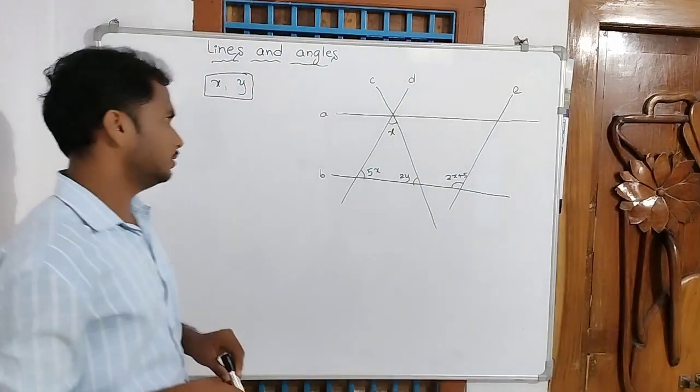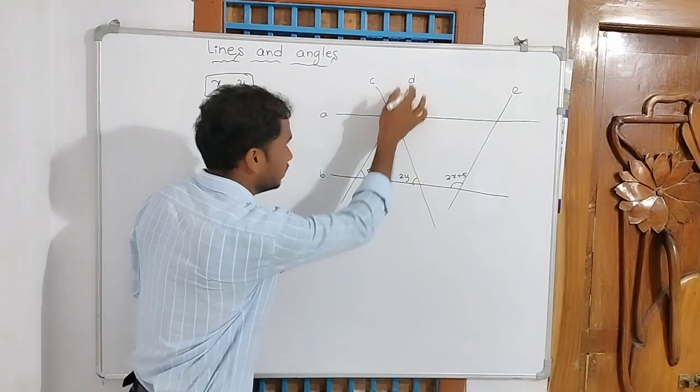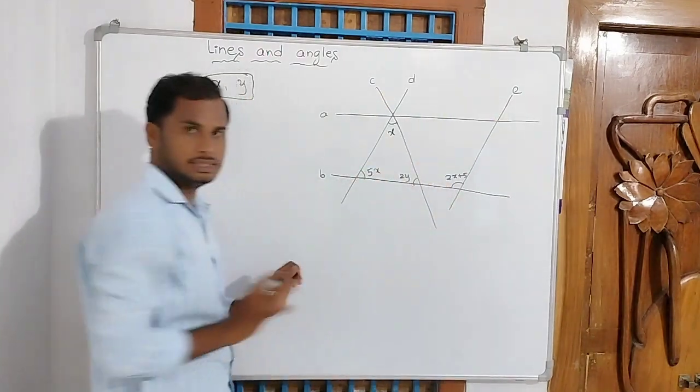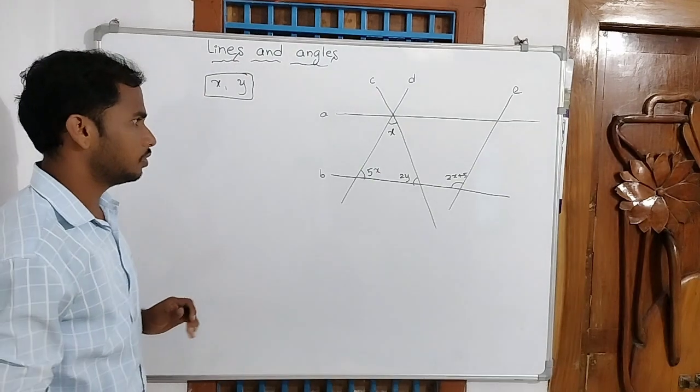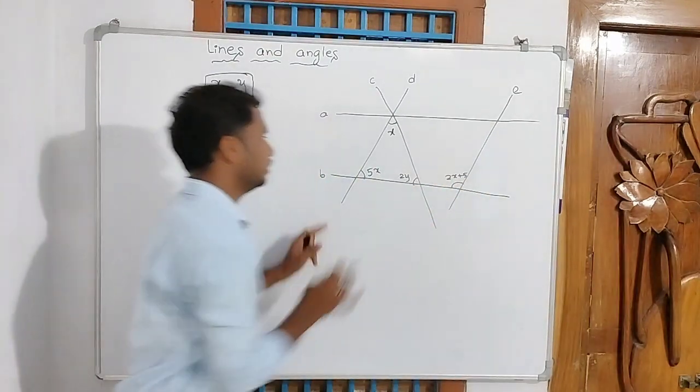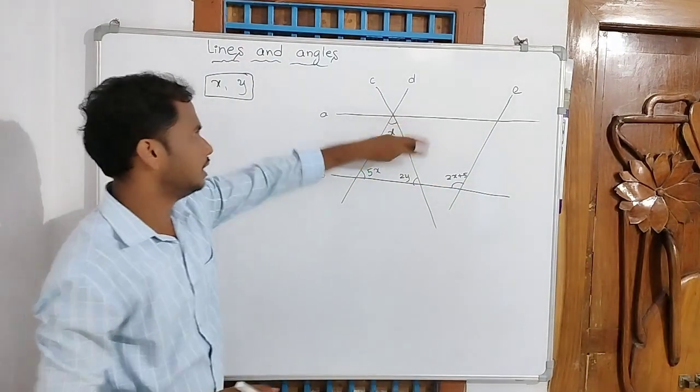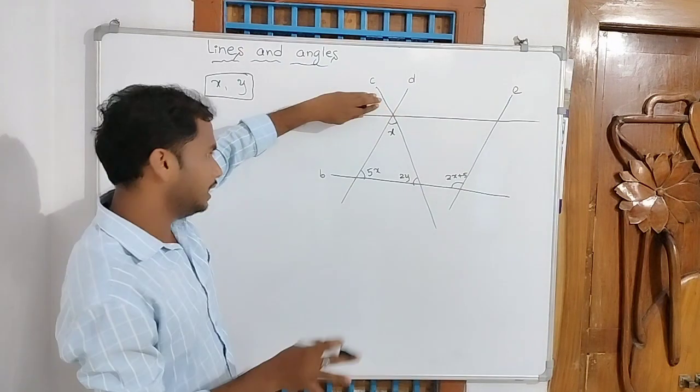Simply observe here: D and E are parallel lines, and we can take B as the transversal line. We don't assume the remaining lines.